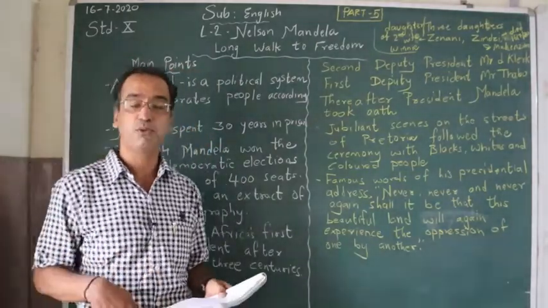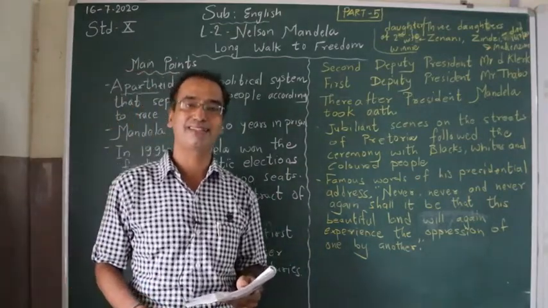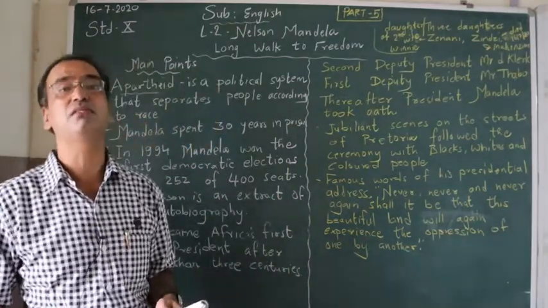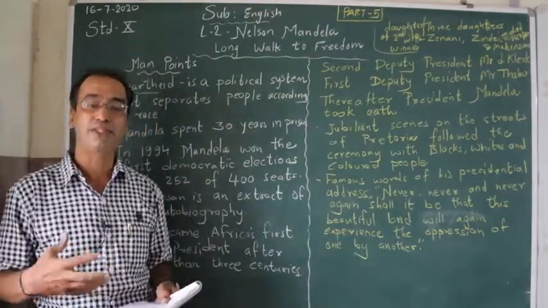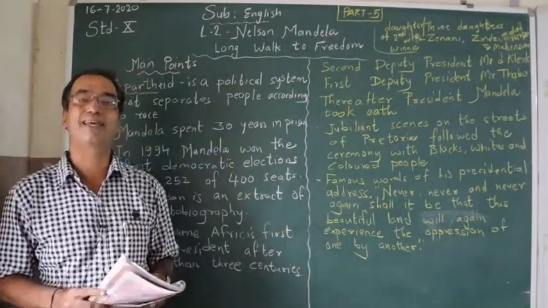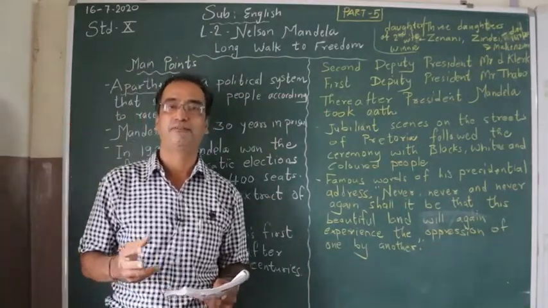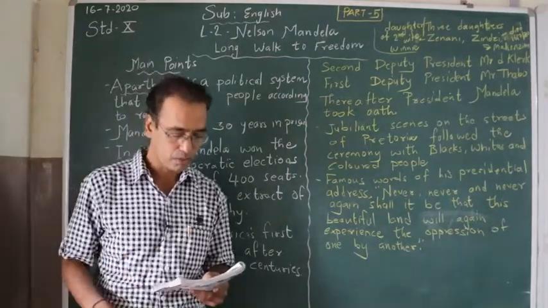But here it was special. Why? Because Nelson Mandela is writing this, and he has experienced the brightness of his own country, and it was extra bright for him because after so many years Africa got freedom. They were a democratic nation now.